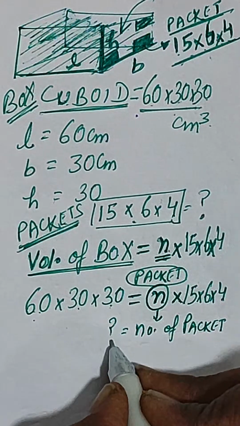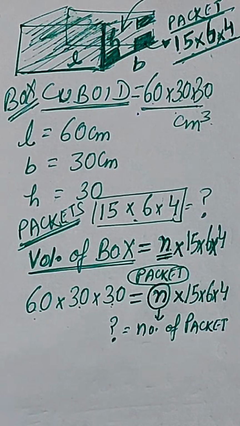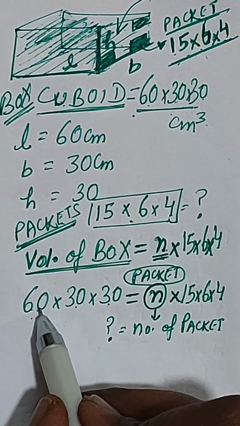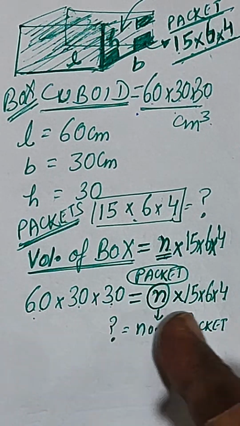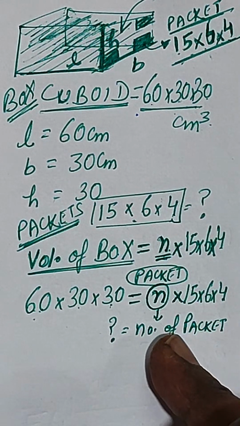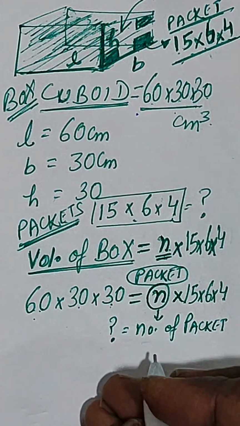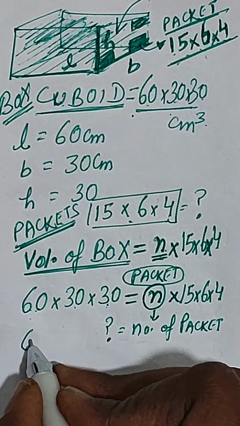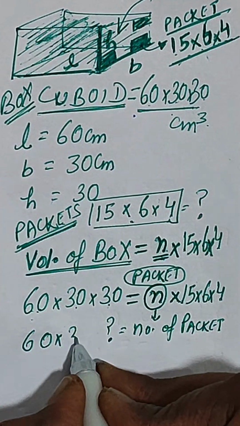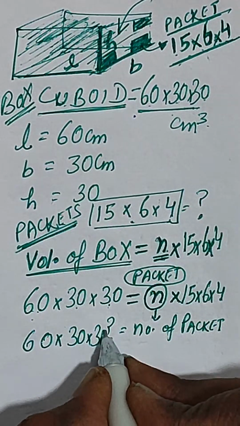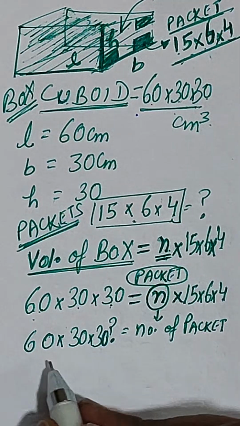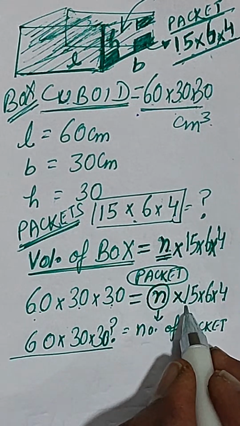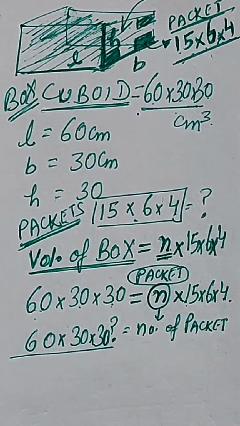Number of packets equal to what? Simply solve the above equation and you get the number of packets, right? The number of packets will be equal to 60 into 30 into 30, which is your LHS, divided by 15 into 6 into 4.